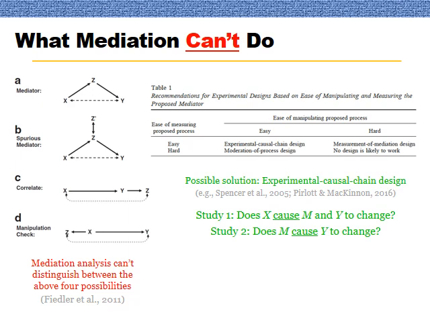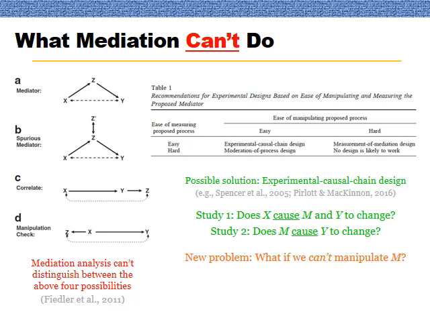Then we would have to do a second study where we manipulate the mediator variable to make sure that the mediator variable actually causes the y variable to change. Unless we break apart the mediation model in this way and separately manipulate our x variable and our m variable, we can never be sure that the model works in the way that we hypothesized it to.